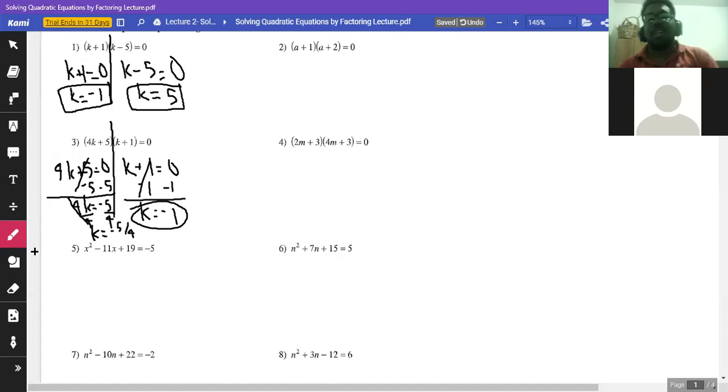The fact that the right side isn't 0 is a problem because, well, I don't really have a property that helps me solve things to get -5. I just have something that helps me solve things if I'm trying to equal something to 0. So the first thing I'm going to do is add 5 to both sides so I can get the right side back to equaling 0.